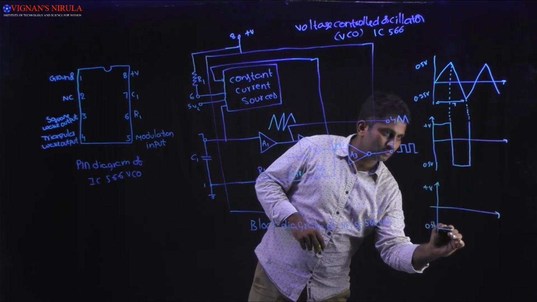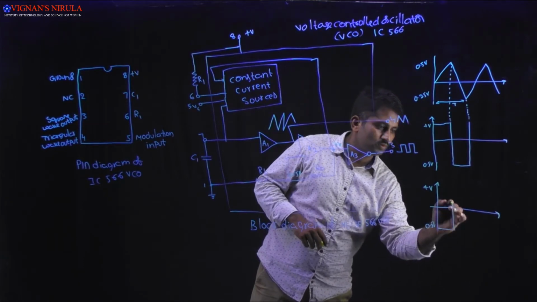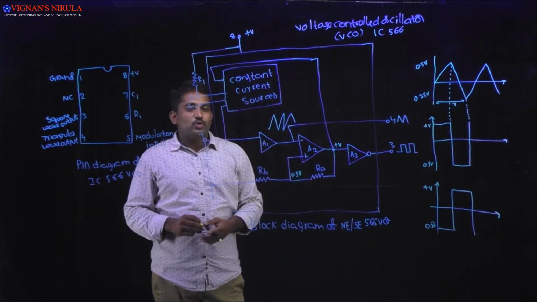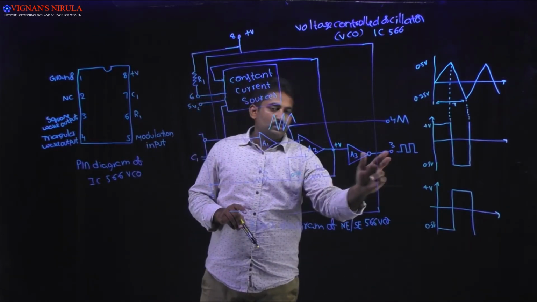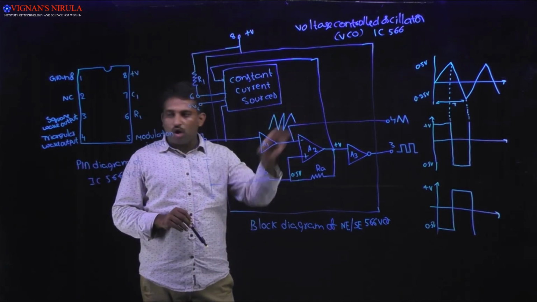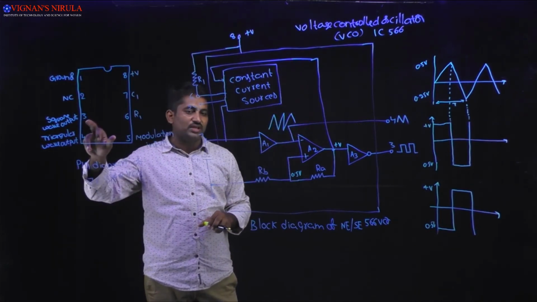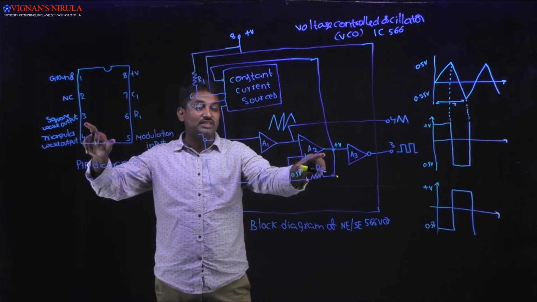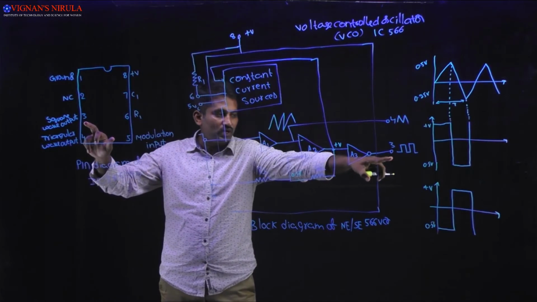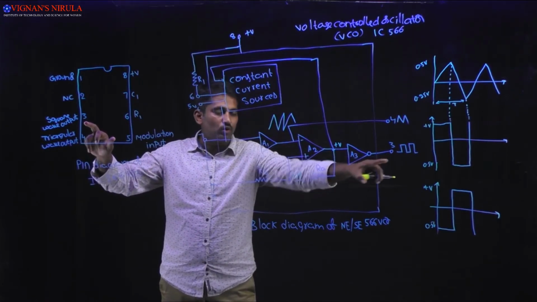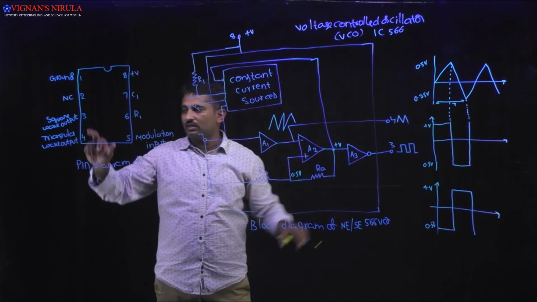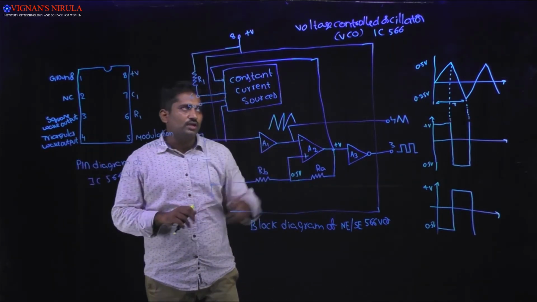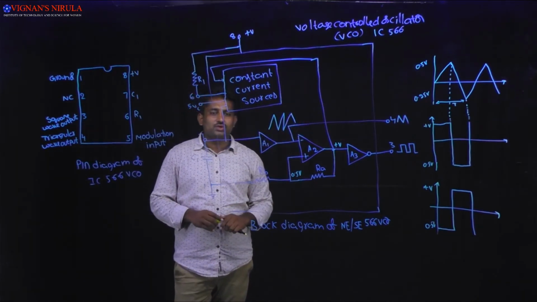This is the main output that we get at pin number 3. Here it is not the Schmitt trigger output; it is the output of the final one, which is the output of the inverter, and the triangular wave is the output of the buffer. Okay, this is about the voltage controlled oscillator.